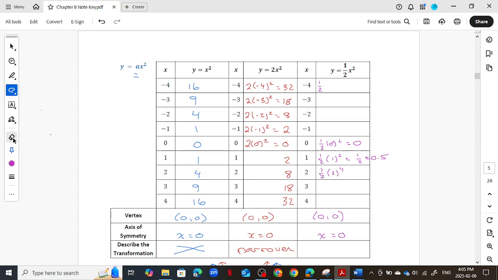So, oops, I wrote 4 as I said it. So 2 squared is 4. Half of 4 is 2. Then we're going to go 3. Half of 3 squared is half of 9, which is 9 halves, or 4.5. Then we put in 4. Half of 4 squared is half of 16, which is 8.